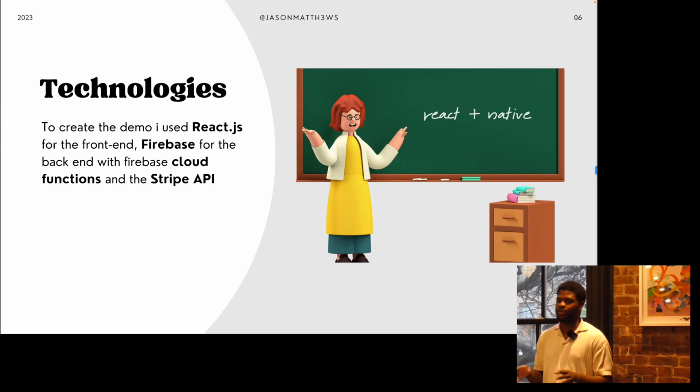That's a serverless solution by Google. Stripe needs to talk directly to a backend, so your front end cannot call Stripe. So I use the Firebase Cloud Functions to be able to do that link. And then obviously I use the Stripe API to put all these together.